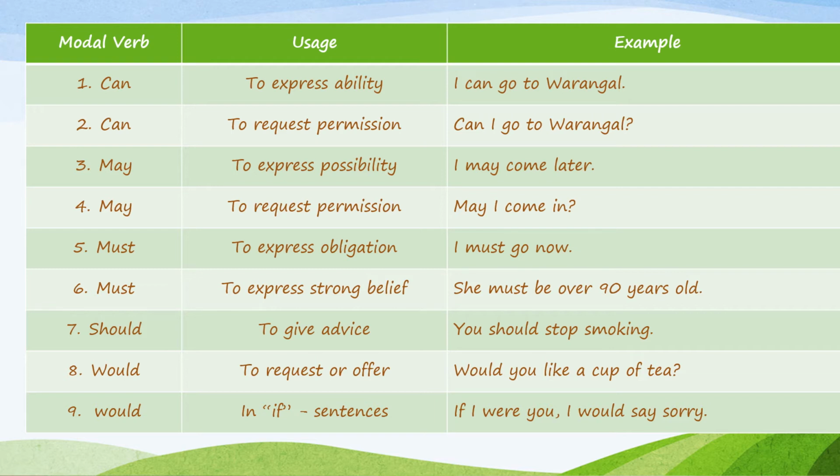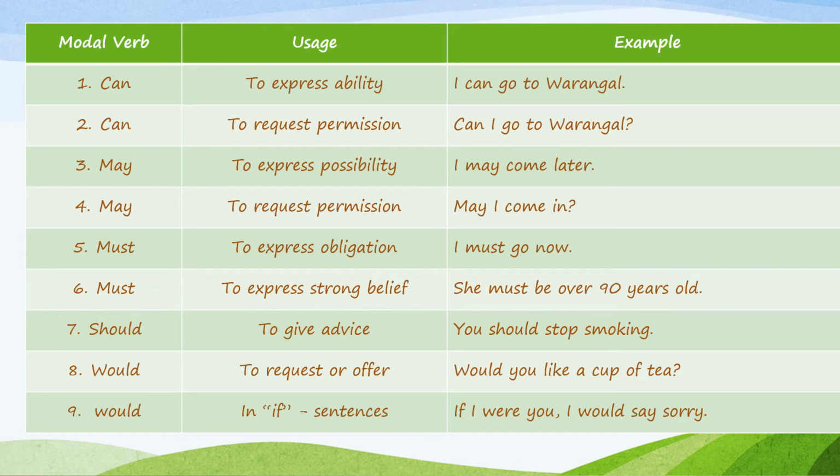And in the sixth modal verb, again must, and the usage here to express strong belief. For example, she must be over 90 years old. Seventh one, should, to give advice. You should stop smoking. Here in the seventh modal verb, we are giving advice.